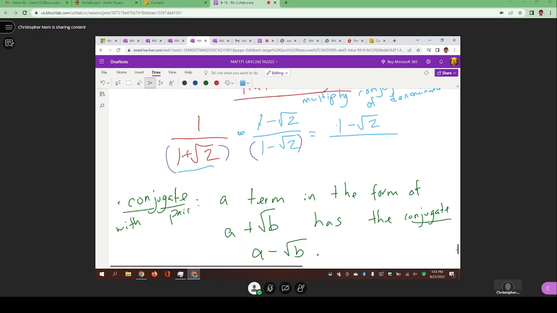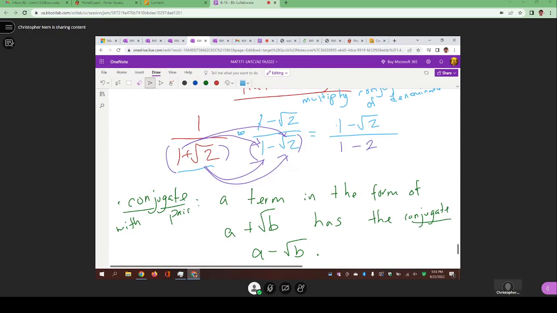this is multiplying this. You have to FOIL this out. Be sure you FOIL that out. If you FOIL it out, you get 1, this is minus 2, and then plus 2 root 2. Nope, the middle term gets deleted. I apologize. So you get 1 minus 2.